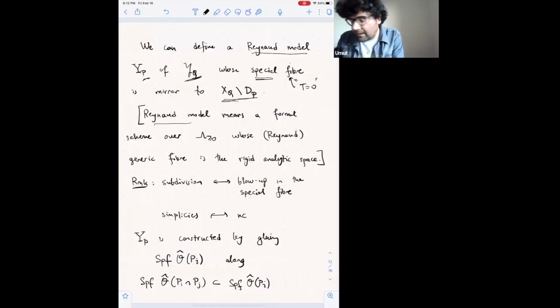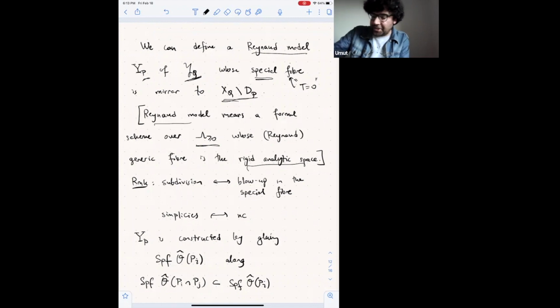Okay, so if you don't already know what this is, it's impossible to understand, but the Raynaud model is a formal scheme over the Novikov ring whose Raynaud generic fiber is the given rigid analytic space. So it's some kind of finer thing. If you take the generic fiber, you recover the rigid analytic space. If you take the special fiber, you get some kind of singular space over the base field K.